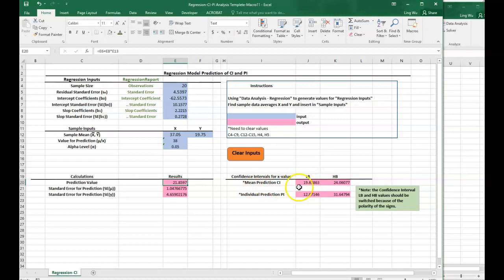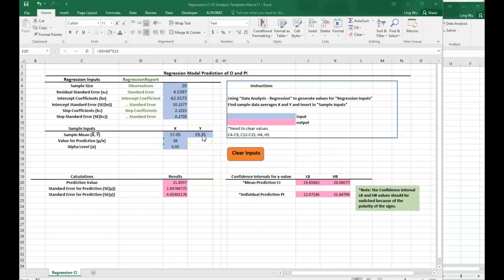Basically, for the mean of another 20 samples, if its average value is 38, then we are 95% confident that the true mean is between 19.658 and 24.060, so this interval for the average of that subset contains the true population mean.